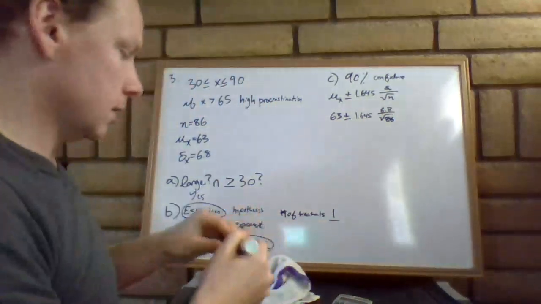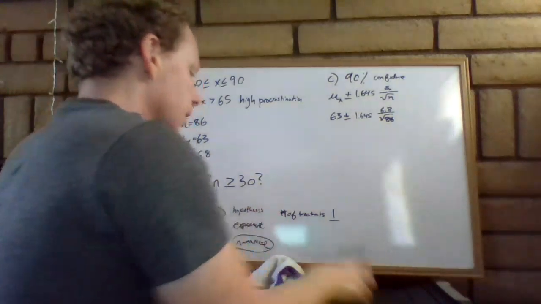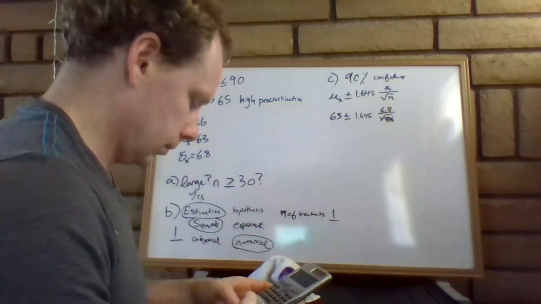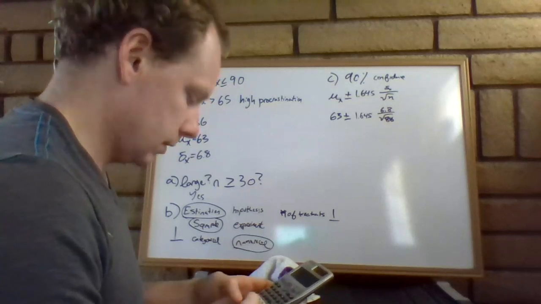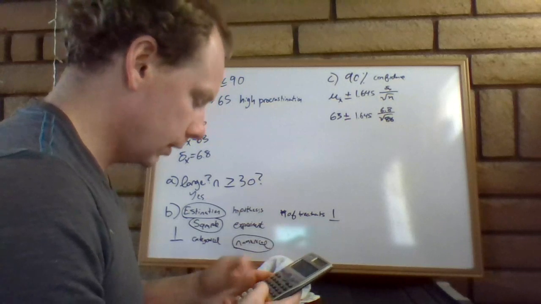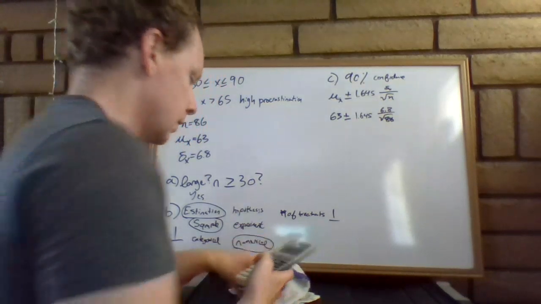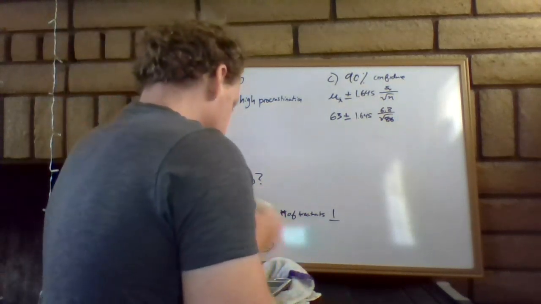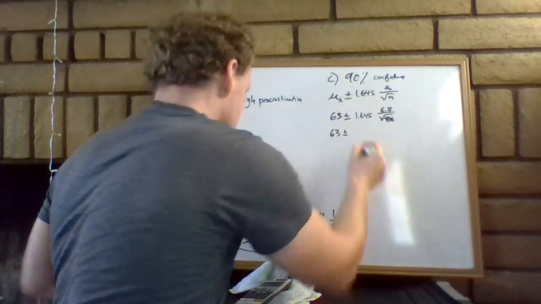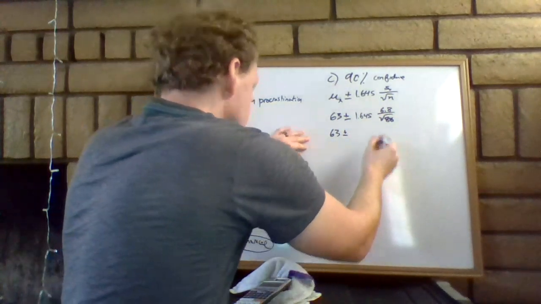All right, and let's go ahead and calculate that. 1.645 times 6.8 divided by the square root of 86. So we have 63 plus or minus 1.21.